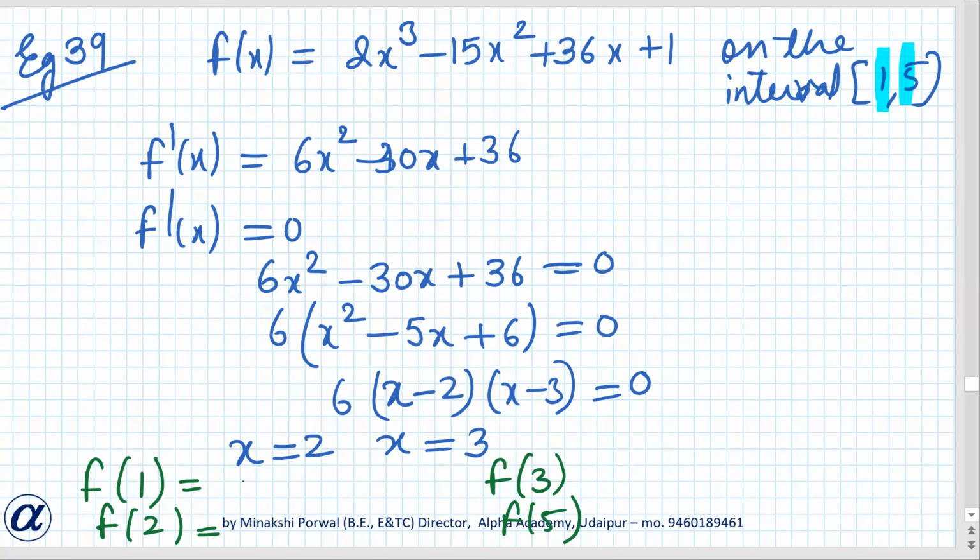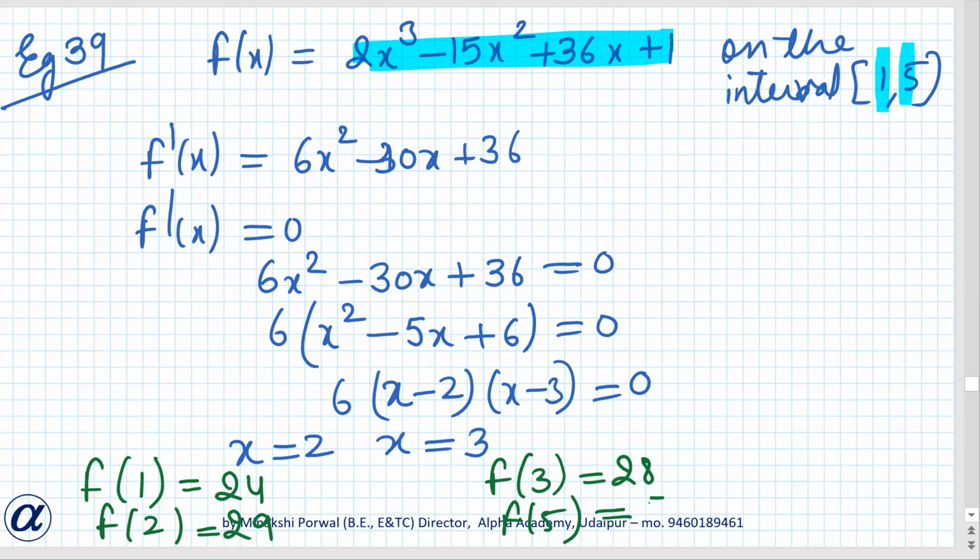So f(1), that means 2 into 1 minus 15 plus 36 plus 1. So f(1) will be equal to 24. f(2), putting 2 in this function, when we solve this, we'll get 29. f(3), putting 3 in this function, this will be 28.